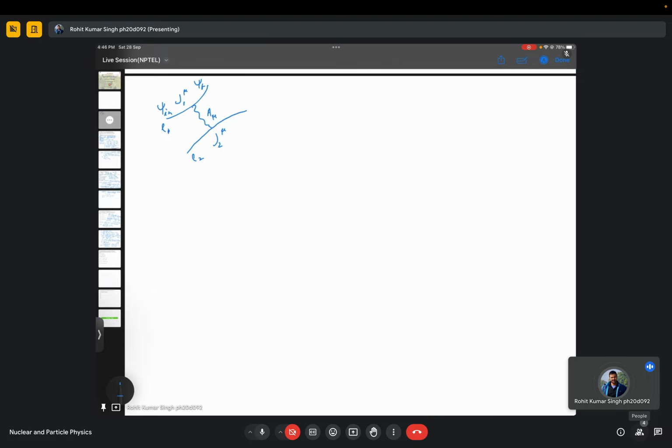In this picture, you can write the Maxwell equation. This is the source current J2 responsible for this A nu, the field.